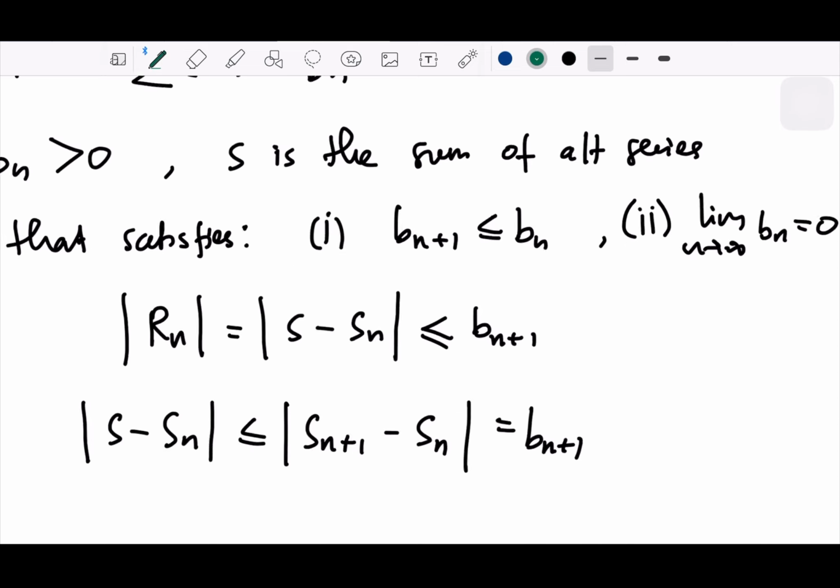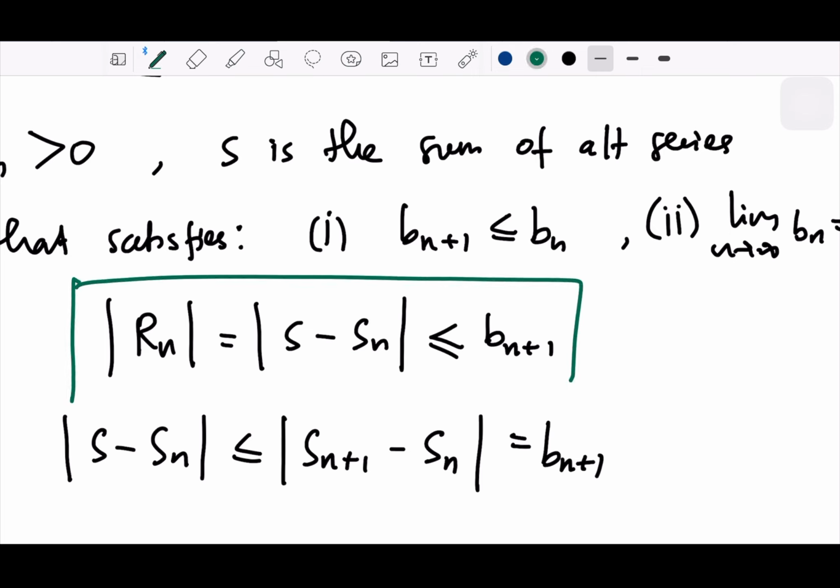So what does this mean? It means that for several terms, you want to know the error. For example, you want to know the first 8 terms. So n is 8. Meaning the error, the accuracy, is always less than or equal to Bn+1, 8 plus 1, B9. So the term B9, if you check maybe 1 over n plus something, that will be the accuracy, the error that is in the range of this.